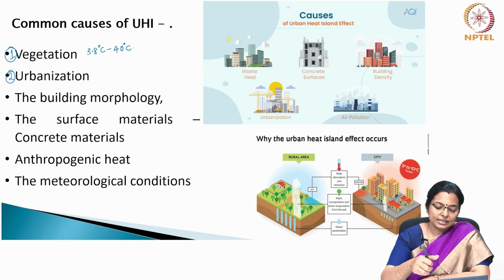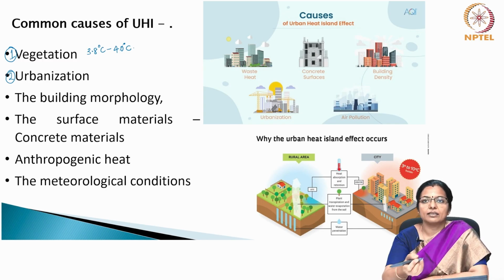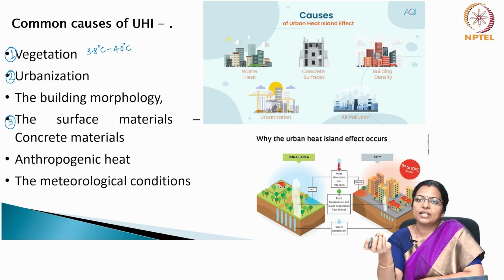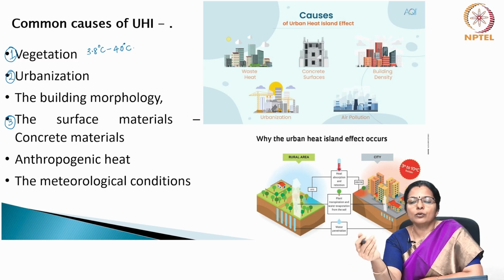The third one is the surface materials. In addition to applying a few planning strategies and optimizing building morphology, the surface materials of walls, roofs, pavements and other structures have properties like thermal emissivity, solar reflectance or albedo, heat storing capacity, etc., that can influence the formation of urban heat islands in urban areas.